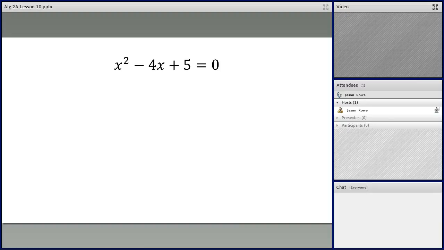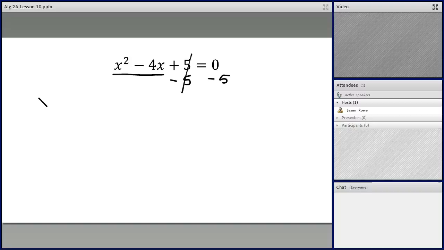So the first thing we have to do is isolate the x squared and the x term. So that means I need to subtract 5 from each side. So make sure those cancel out. If you add 5 to each side, they won't cancel. So you have to subtract 5.